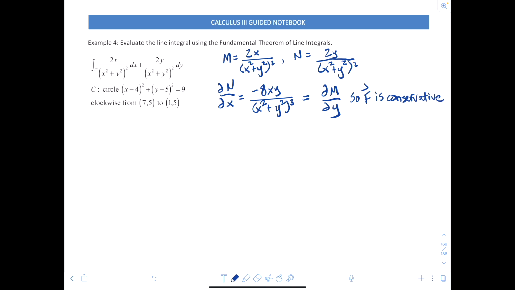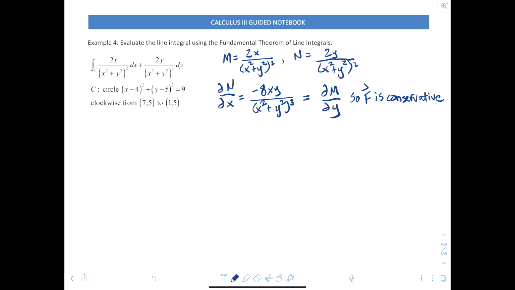Now if you examine M and N, they have continuous partials unless x and y are both 0. Then they'd be indeterminate, right? So basically, what's our path?